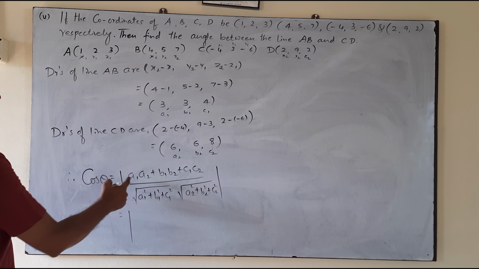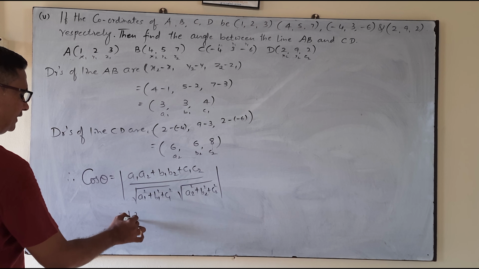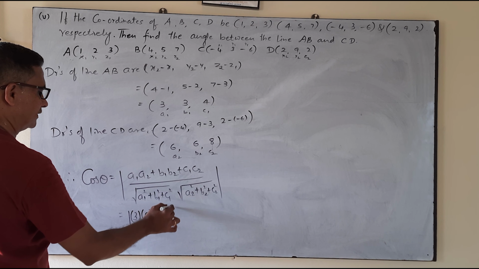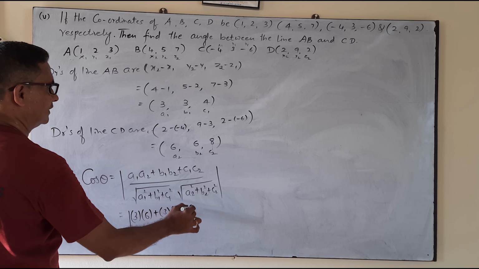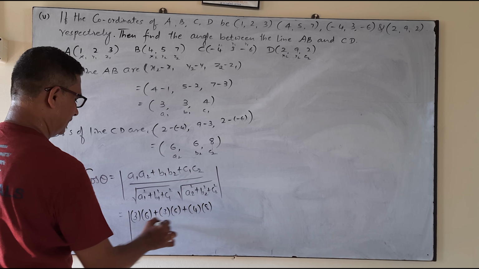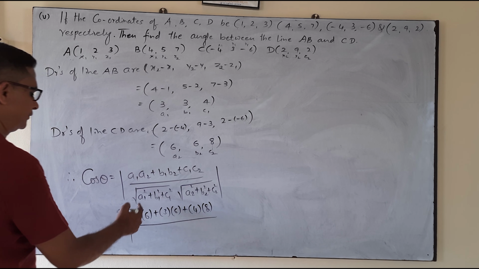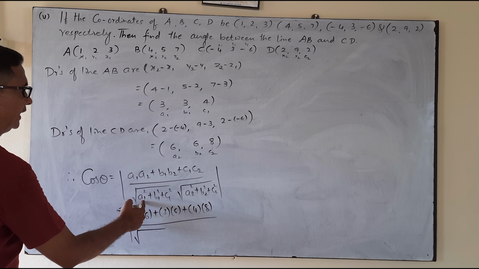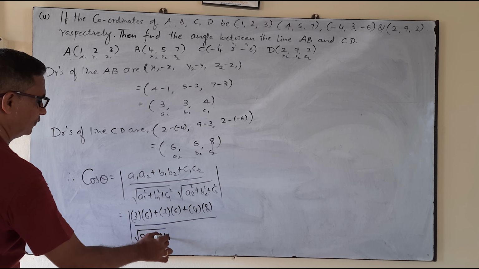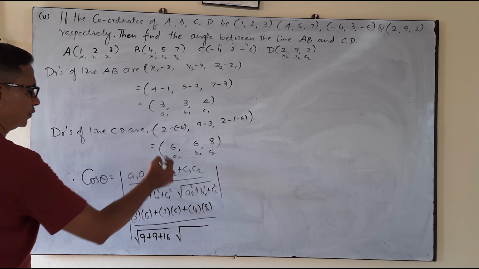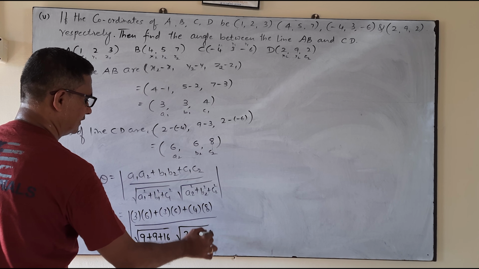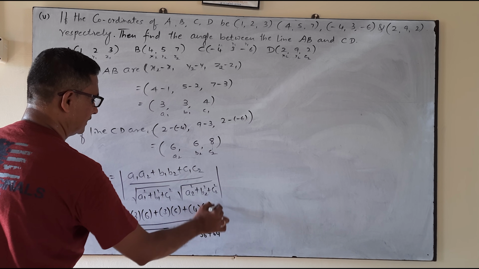That equals A1 A2, A1 is 3, A2 is 6. B1 B2, B1 is 3, B2 is 6. C1 C2, C1 is 4, C2 is 8. Divided by root of A1 square, 3 square 9, again 3 square 9, 4 square 16, into root of 6 square 36, B2 square 6 square 36, C2 square 8 square 64.